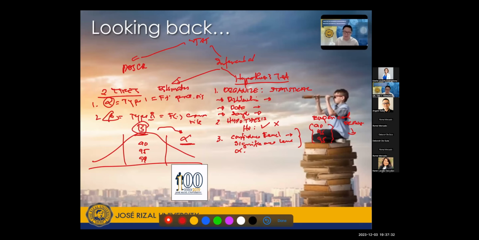Okay. So after establishing your confidence level, your significance level, and the alpha, what's the next step? Determine the critical value. Okay, you identify the critical regions of rejection. Okay. So, you establish your critical value.